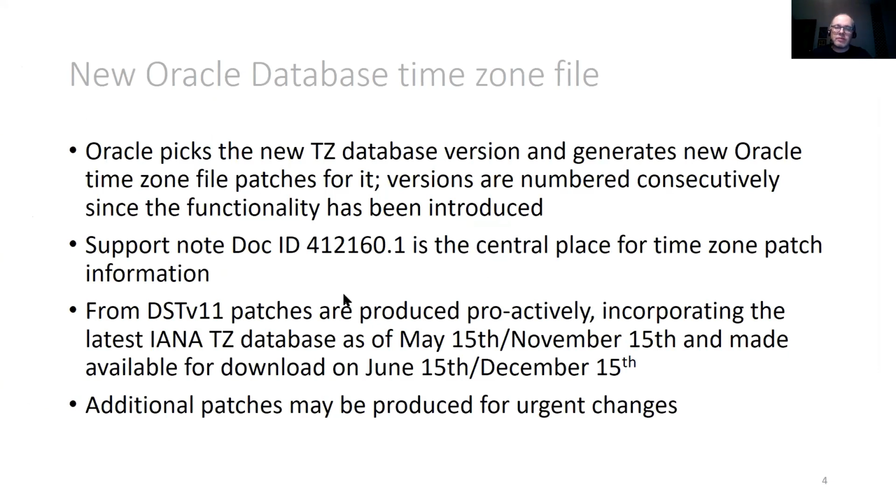So we have the doc ID, the MOS note, the Oracle support note, with various time zone patch information that you might be interested in. The general schedule is that since version 11, we try to proactively produce 2 versions per year, one which is released in the middle of June, the other in the middle of December, and it incorporates the time zone database version from IANA which was current about 1 month earlier.